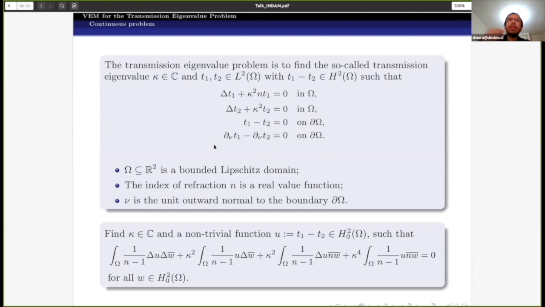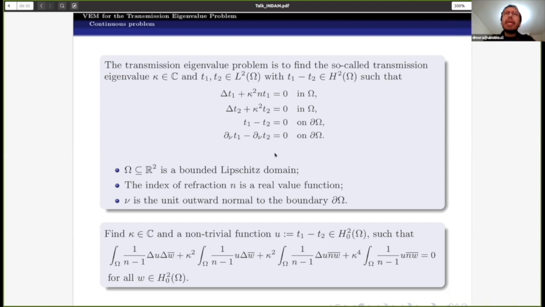In this work, we are going to restrict the analysis to the two-dimensional case, and we consider n, the function n here, which is data, the so-called index of refraction. It's a real valued function, and nu is the outward unit normal to the boundary.